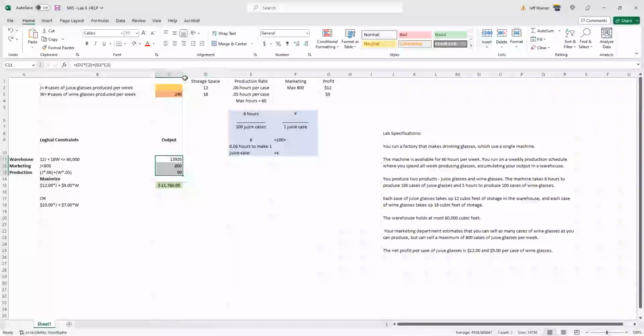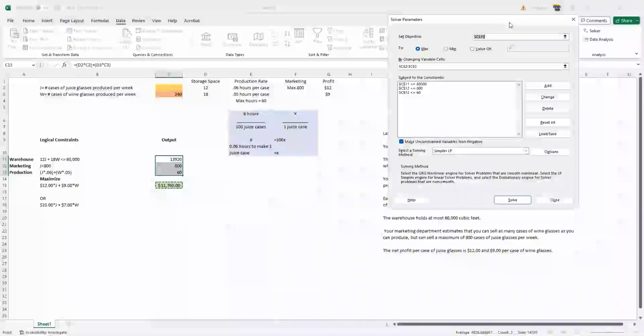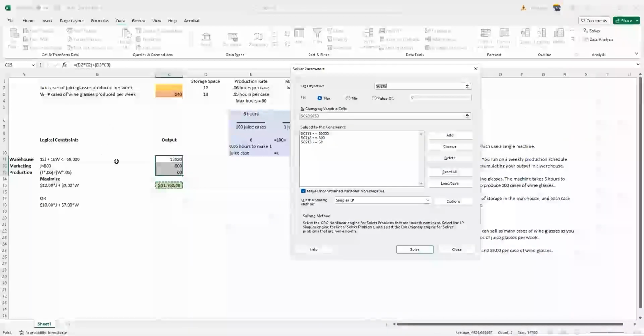The next step is we go up to Data, and we go over here to Solver. Now, this is really important. Now that you've set up your model and where all of the data is going to appear, next you have to tell Solver what's going on. First of all, set objective cell.